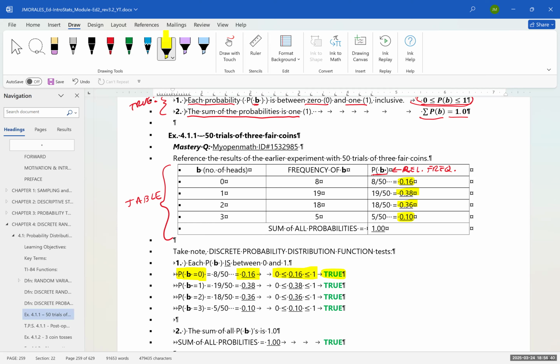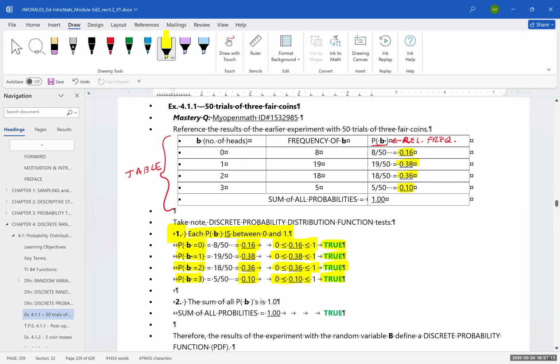So that's true. When the random variable is equal to 1, the probability is between 0 and 1. That's true. When the random variable is equal to 2, the probability is between 0 and 1. So that's true. When the probability of the last value in the domain is calculated, it's a value between 0 and 1, and that's true. So that satisfies condition 1, that each probability is between 0 and 1.